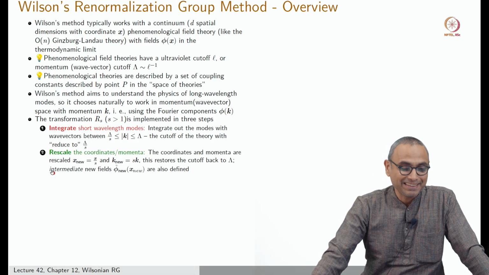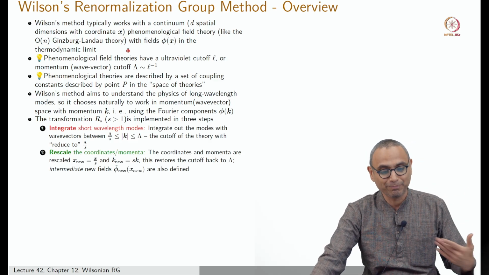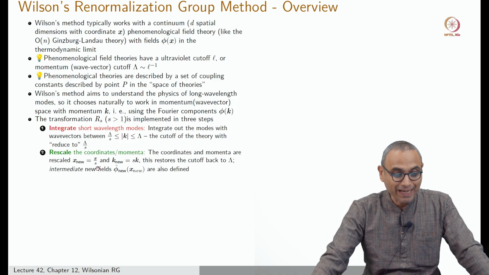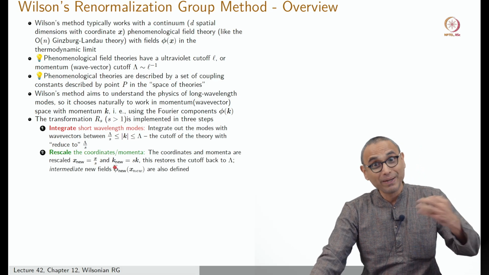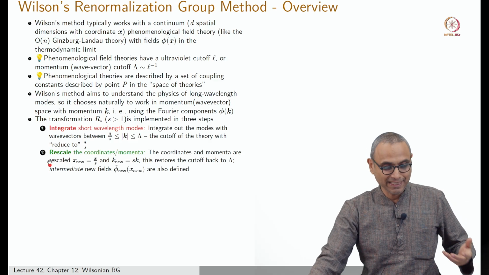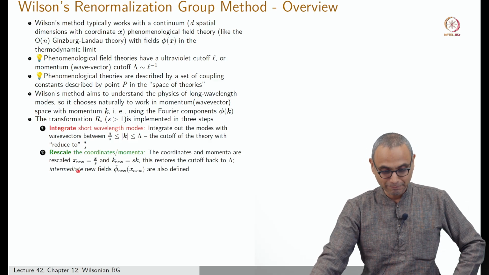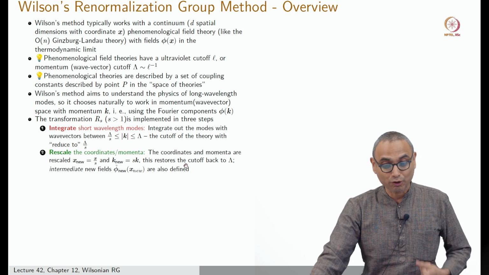So the next idea is to rescale the coordinates and momenta by the scale transformation that we want to implement. The new coordinate will be the old coordinate divided by s, and the new momenta, or wave vectors, will be s times k, just the inverse, because they have a relationship. This restores the cutoff back to lambda.